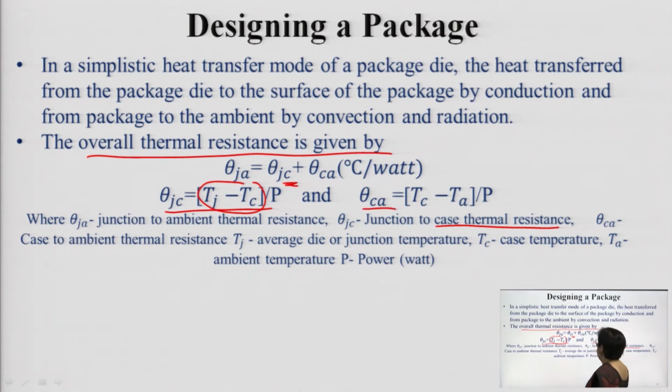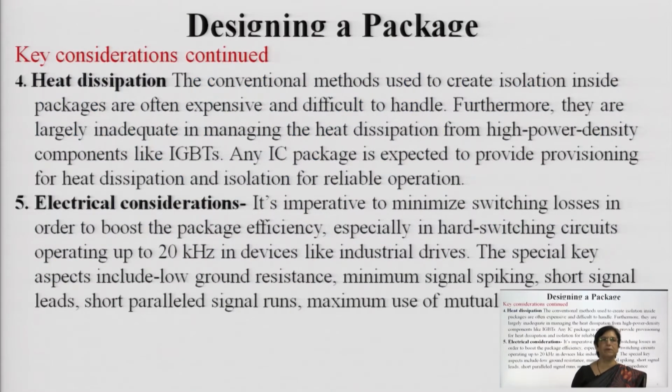Similarly, theta CA, that is case to ambient, is the temperature difference divided by power. Now these two components will be added together to calculate the total thermal resistance. So total thermal resistance will be calculated, and you get to know the total power requirement, and accordingly you can have the heat sink requirement defined.